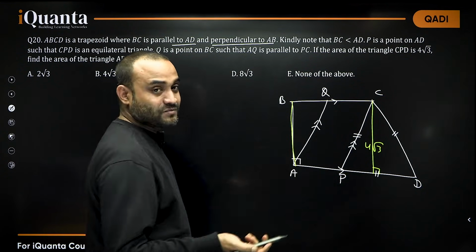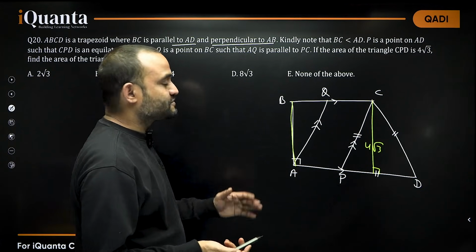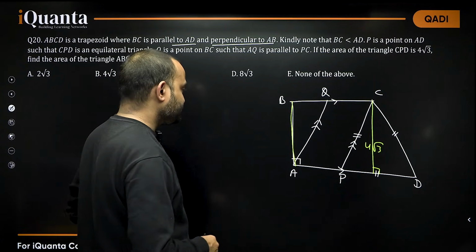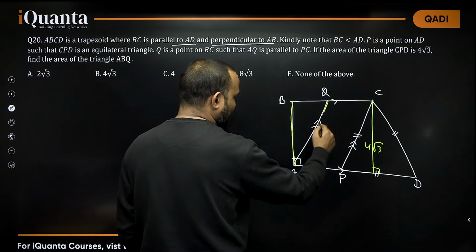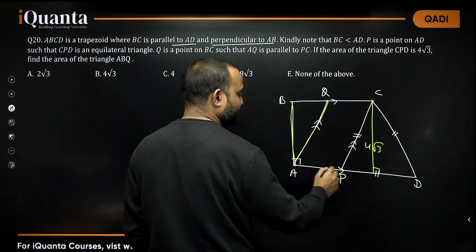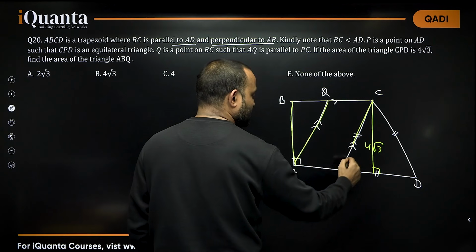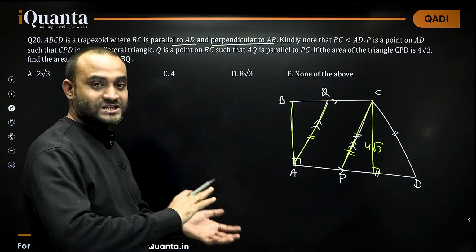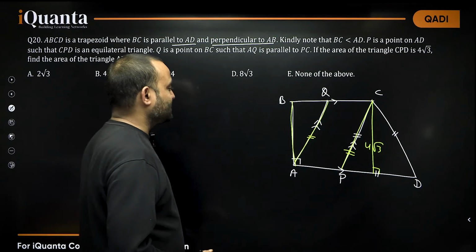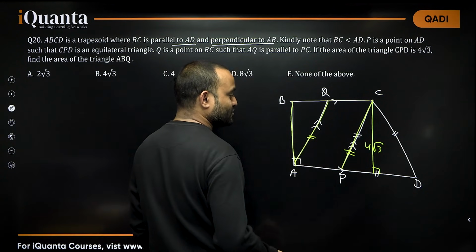This height is nothing but the distance between two parallel lines, which is always fixed. And after that, as AQCP is a parallelogram, PC will be equal to AQ. Opposite sides of a parallelogram are equal, right? So these are equal.